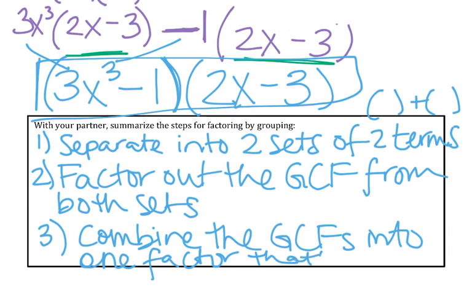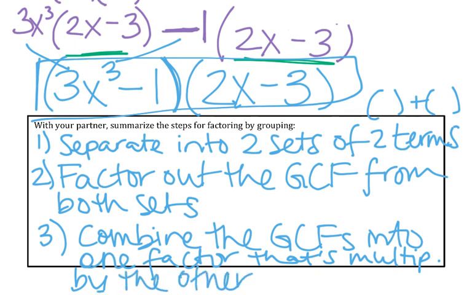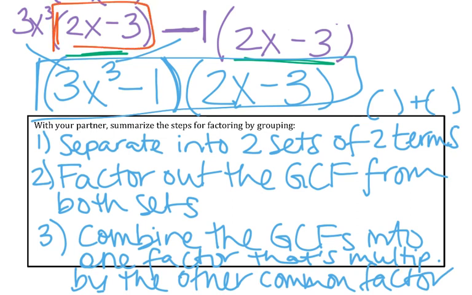That's multiplied, I'm going to have to abbreviate here, multiplied by the other common factor. And what I mean by the other common factor is the set of parentheses that's repeated. And that's factoring by grouping.